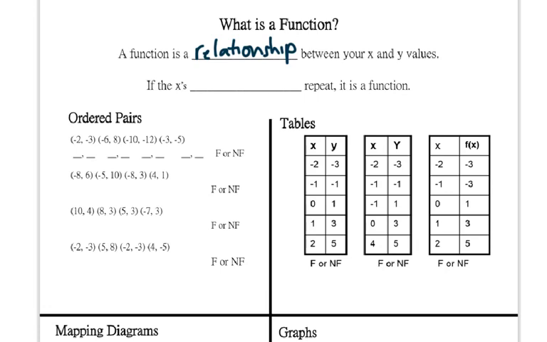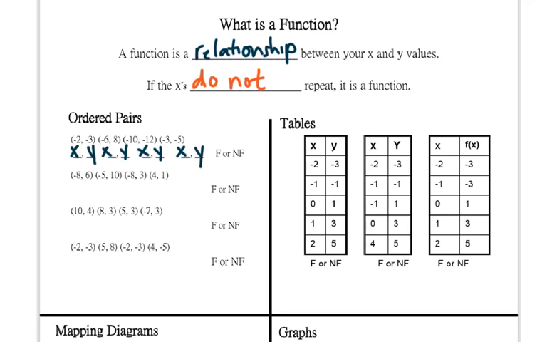How this works is if the x's do not repeat, then it is a function. When we're checking ordered pairs, the first number is always the x, the second is always the y. The first is the x, y, x, y, x, y.